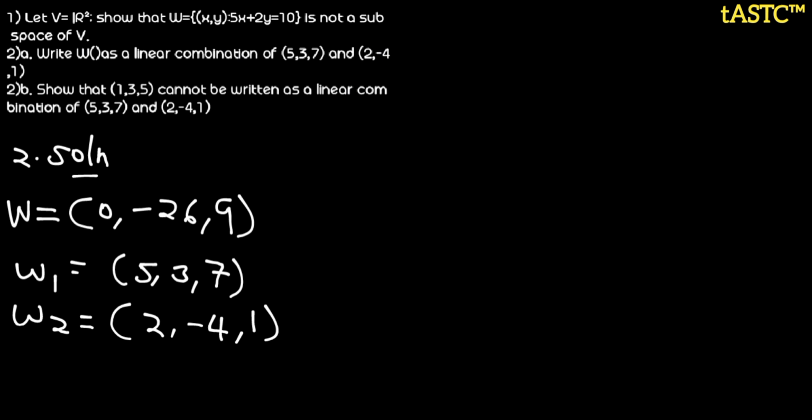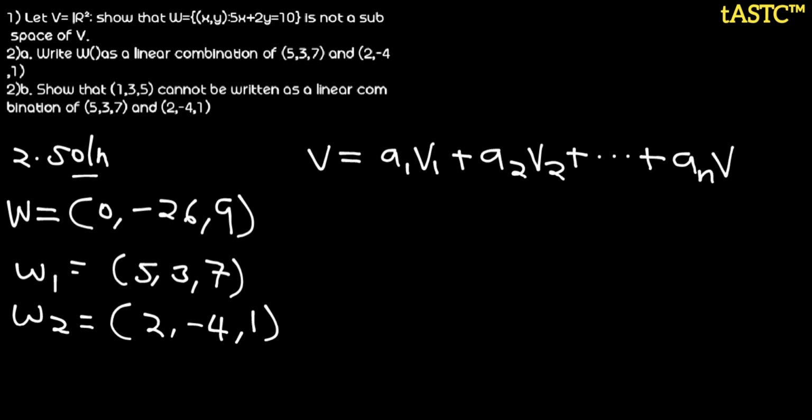Now for a linear combination, if you were required to tell what the linear combination of some vectors is, this is how you're going to write it. So let us say we got V here, and that will be A1 multiplied by V1, plus A2 multiplied by V2, and that continues until you reach A of whichever number and V of whichever number. Now A, which I might well call Ai, where i could stand for any position, 1, 2, continuously.